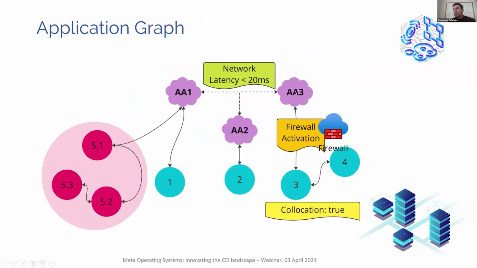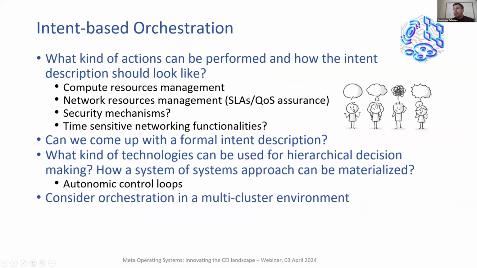In FLM, okay, this graph can be translated to deployment in different clusters or in different administrative domains of an infrastructure, where the high-level requirements can be translated to specific link requirements or activation of specific functions to guarantee them. And we try to do all this kind of mapping in an intent-based way.